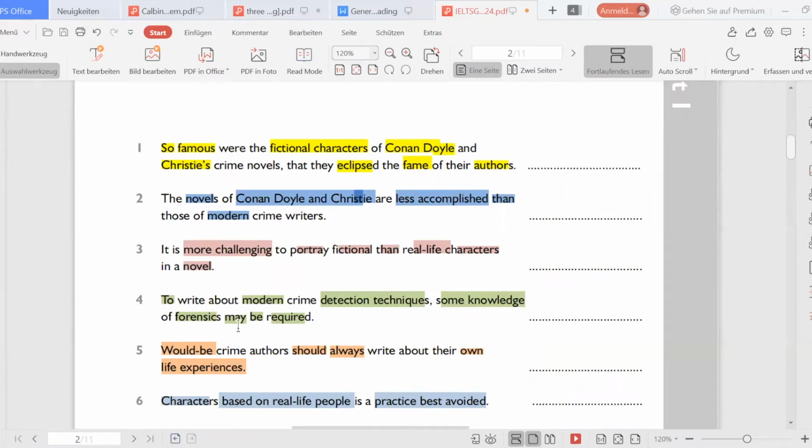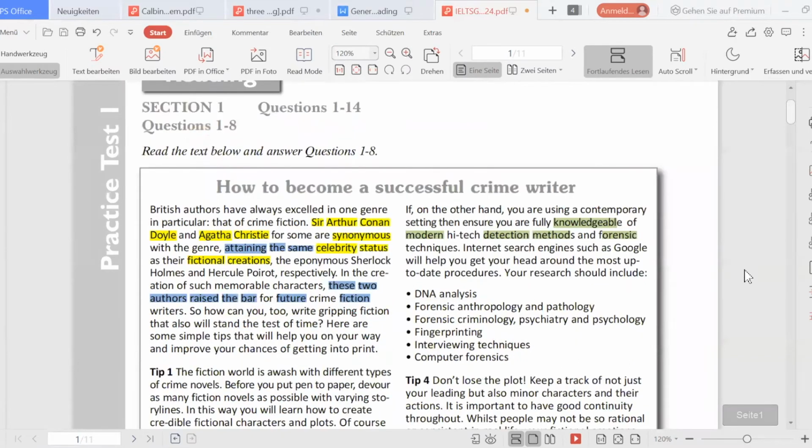What about may? Let's go to the sentence and take about 5 seconds to try to figure out where the keywords may and required are in this sentence.